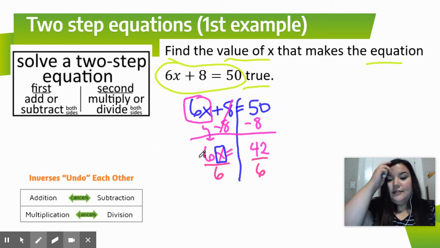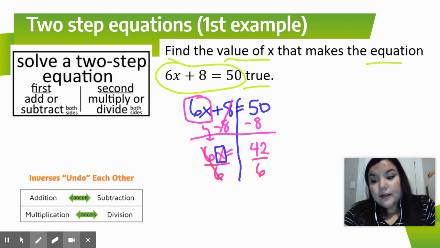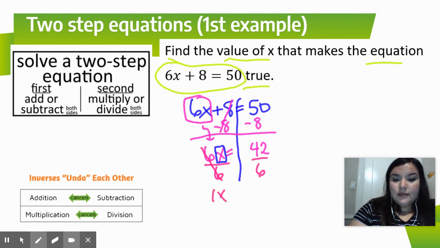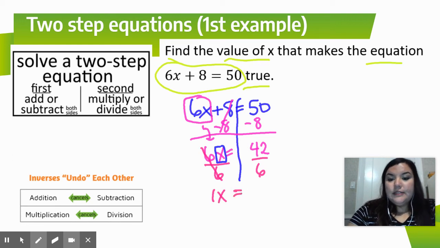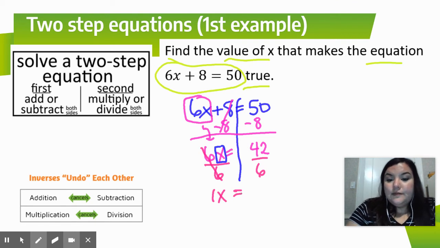I just leave it as it is. Then 6 divided by 6 cancels off, which is 1, so we have 1x equals 42 divided by 6. You can type that into your calculator, and that gives you 7.